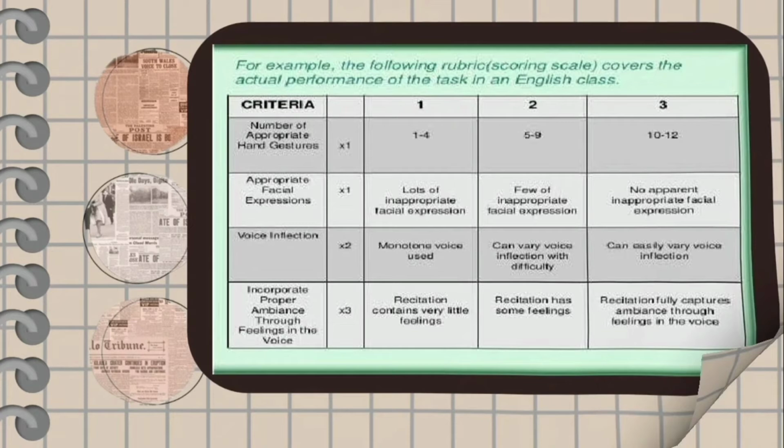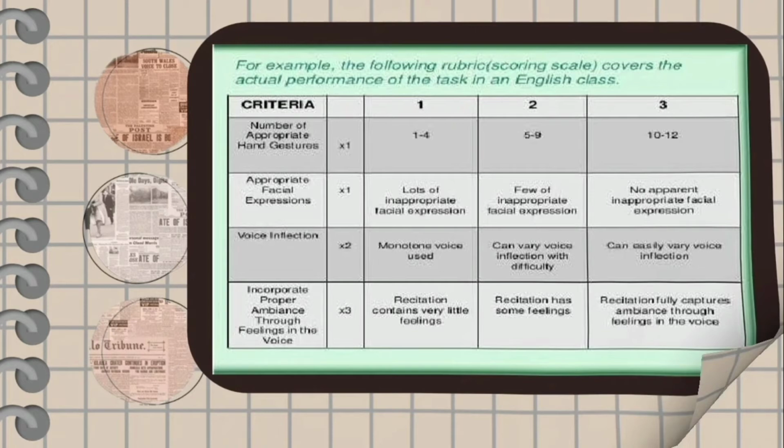Sa appropriate facial expressions, naa siya 1 point if there is lots of inappropriate facial expression. Naa siya 2 points if there is few of inappropriate facial expression. And naa siya 3 if there is no apparent inappropriate facial expression.